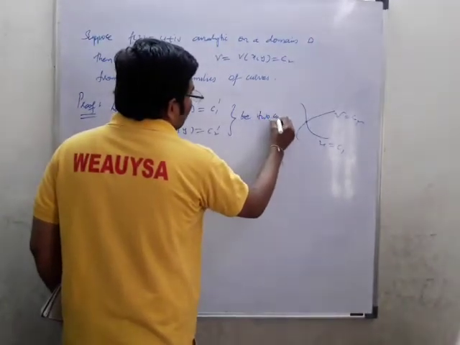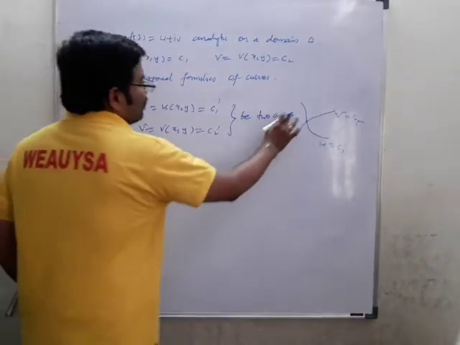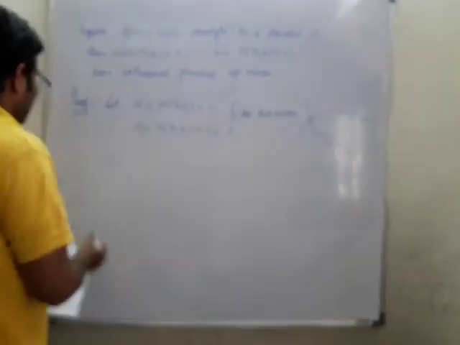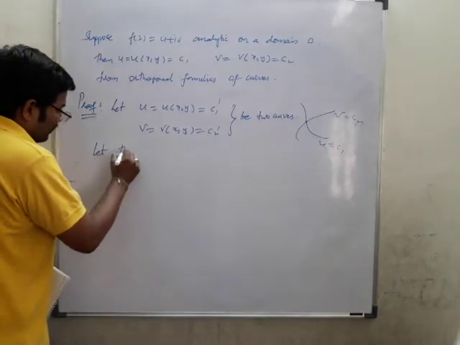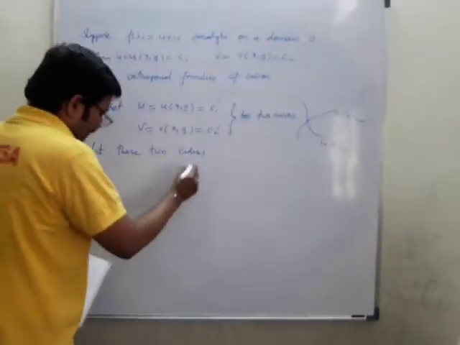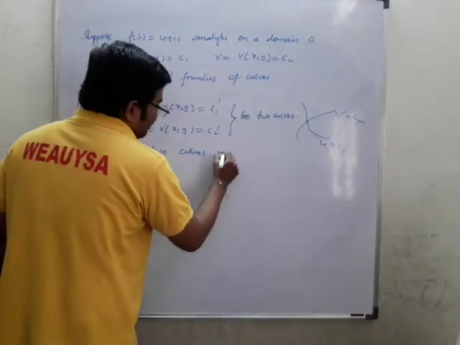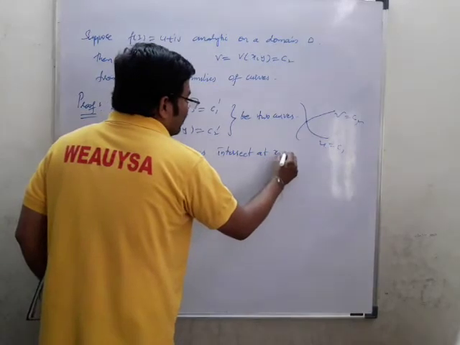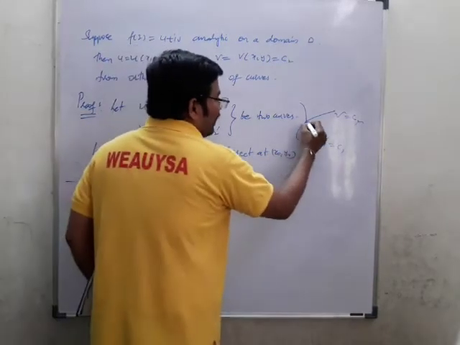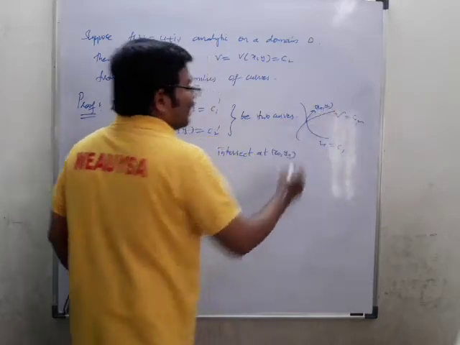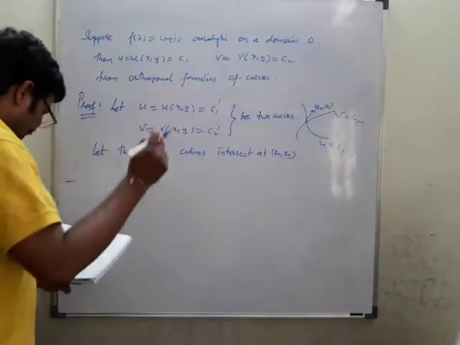These are the two curves which are perpendicular. Let these two curves intersect at x0 comma y0. They are going to meet at a point x0 comma y0.